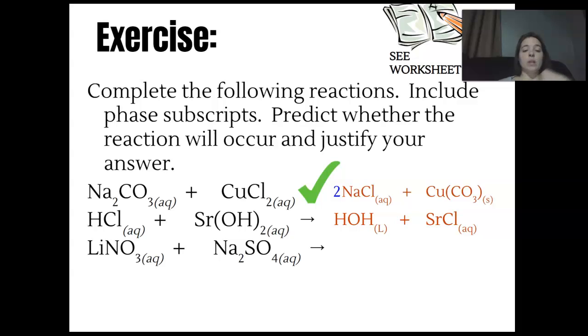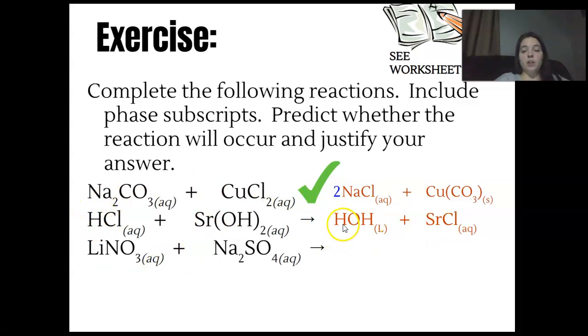Okay, so let's look at this. Oh, and strontium chloride, again, the halides or chlorine are soluble or aqueous, barring a couple things, and strontium is not one of them. So it is aqueous. All right, let's balance this puppy.